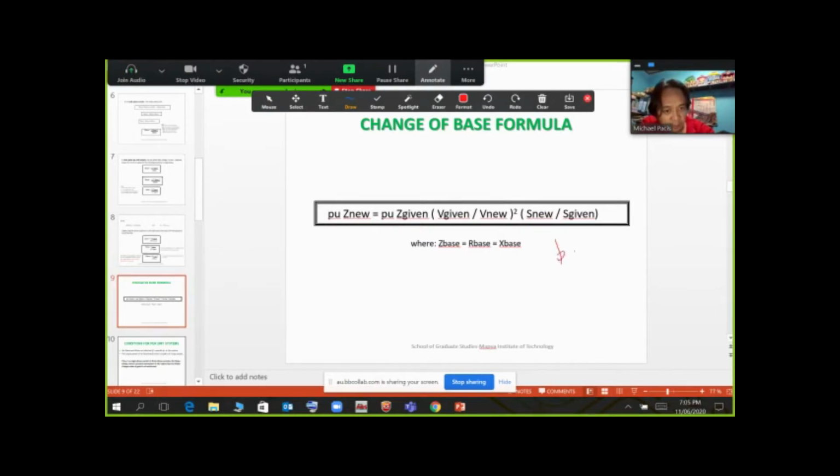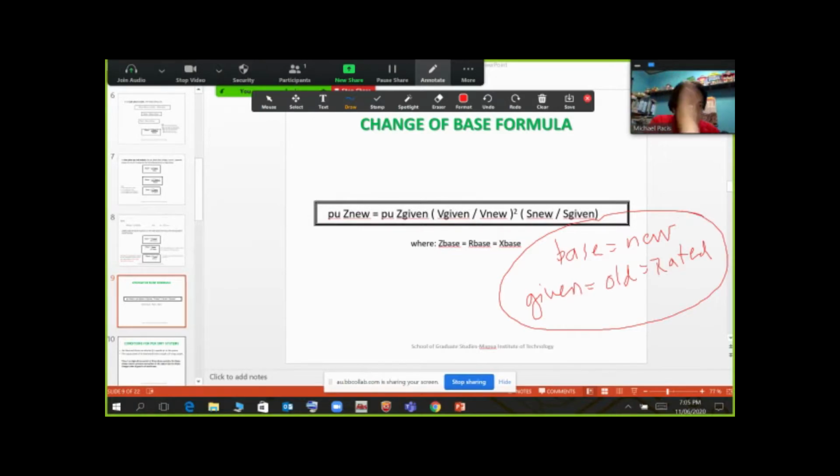You can use the base here. The base is also the same as new. The given is the same as old, and the same way with rated. So these are synonyms. It means they have the same definition.